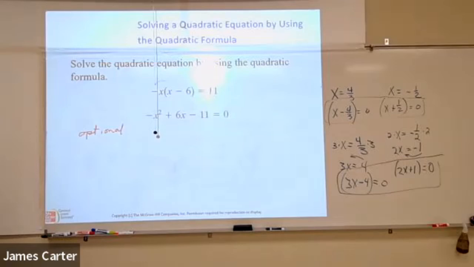Okay. So this thing isn't going to factor anyhow. But we can throw it into the quadratic formula. We don't even have to factor the -1 out first. Although we could, they did. That's optional to do. It'll work without factoring that out.